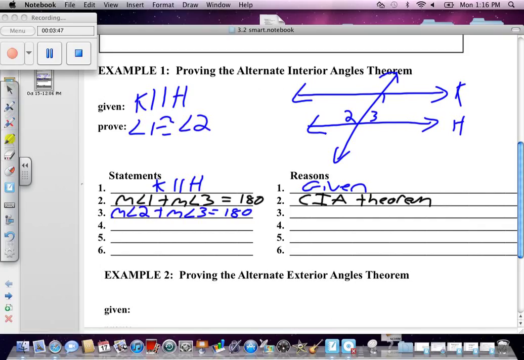How do we know 2 and 3 add up to be 180? 2 and 3 add up to 180 because it's a linear pair. Linear pair postulate. Good.